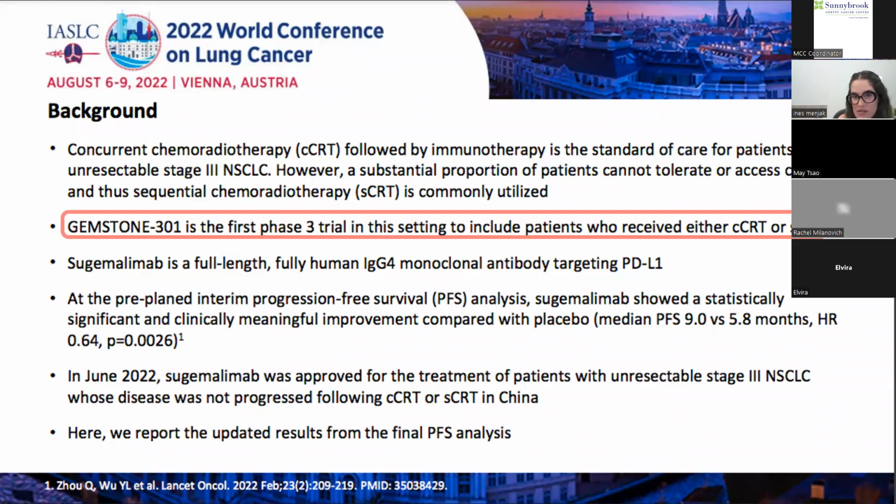Sugemalimab is an anti-PD-L1, and in June of this year, China approved sugemalimab as an option for treatment in unresectable stage 3 non-small cell lung cancer. In this presentation, I report the up-to-date results from the final PFS analysis.